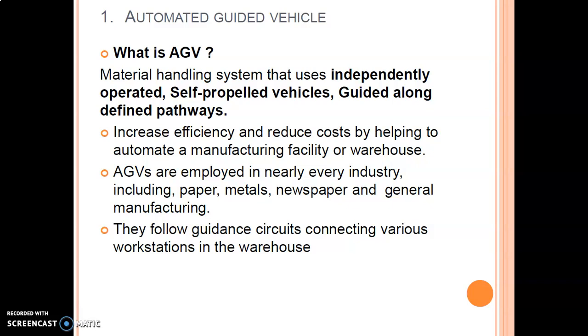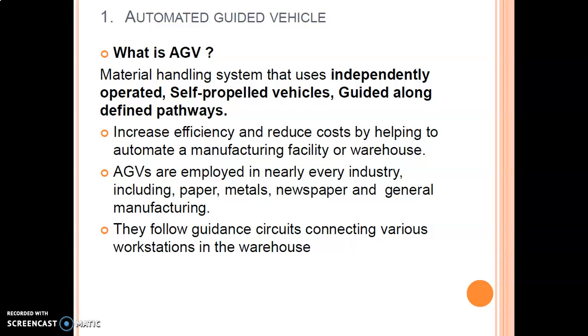And second thing is that all the AGVs are powered with a battery backup. So when it gets discharged, it will automatically travel to the charging point, and it will automatically charge itself. So here no human interference is required. It's a totally independently operated system.